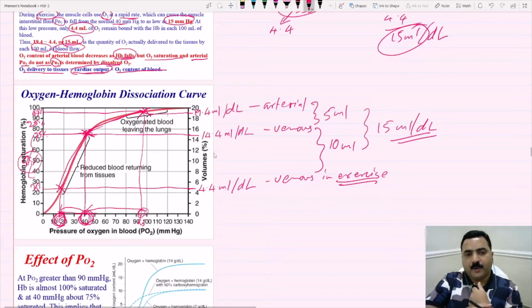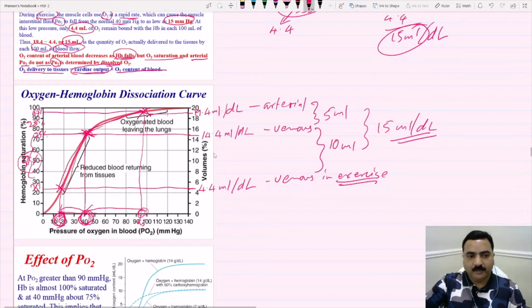This property change is associated with the structure you have studied in biochemistry. The hemoglobin has amino acids that interact with each other and change its property from the taut state to the relaxed state, and these relaxed and taut forms can easily cause the dissociation. That's why you get a steep portion.